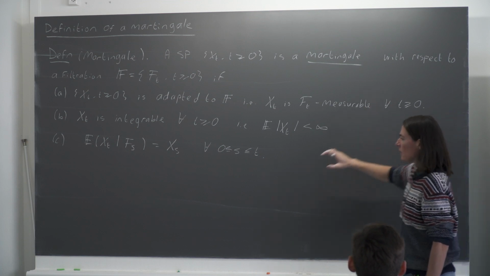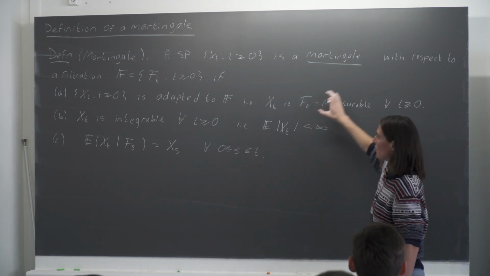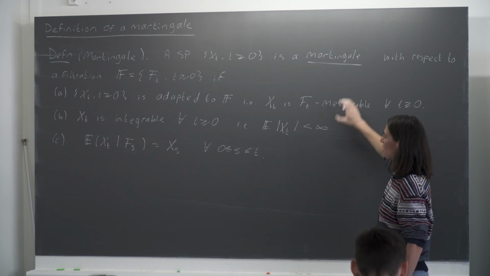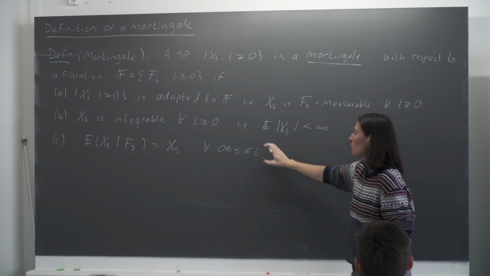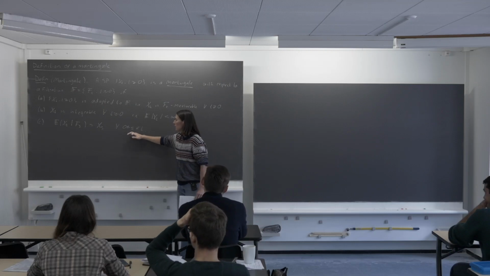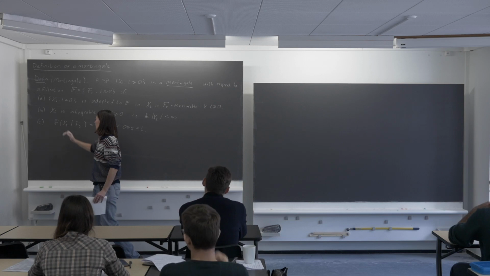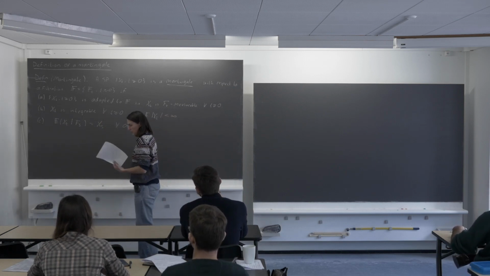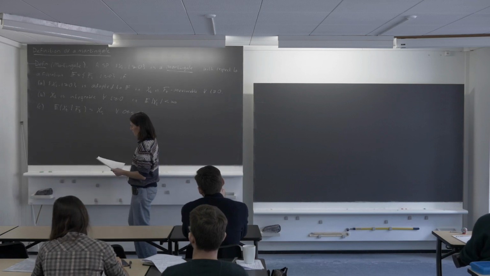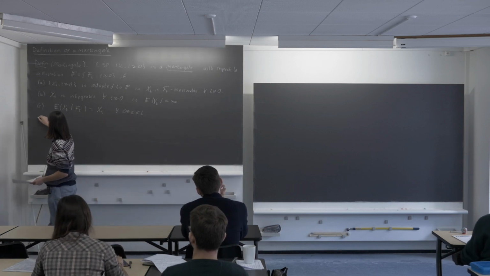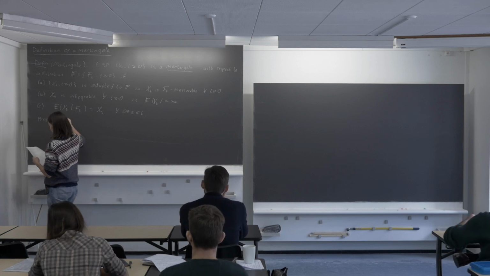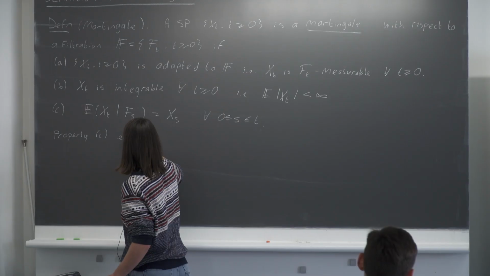This couldn't possibly be true unless we had an adapted process as well. So these two conditions are essentially there to make the definition make sense, and this is the absolutely critical condition that captures the idea of being a fair game. So let's write that here: property C embodies the idea of a fair game.